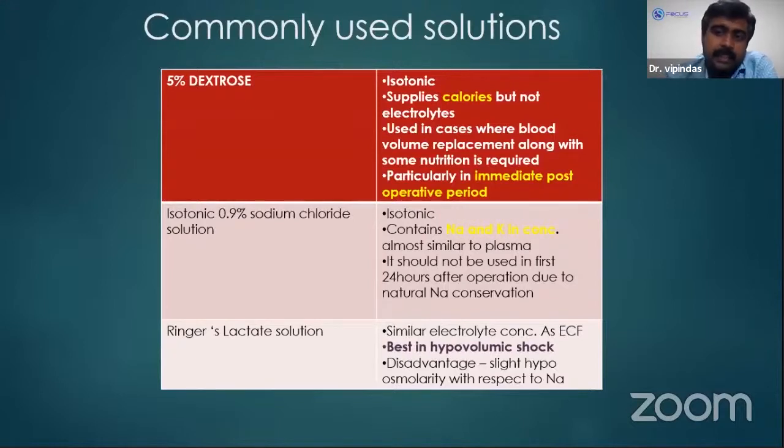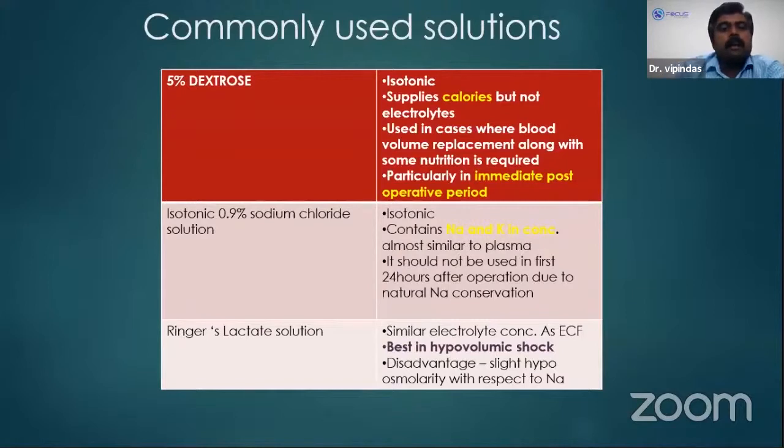Especially in the immediate postoperative period, because before the procedure the patient may be fasting before a general anesthetic procedure, right? So immediately postoperatively, you have to supplement with calories and nutrition. For that, 5% dextrose is the solution we usually use.